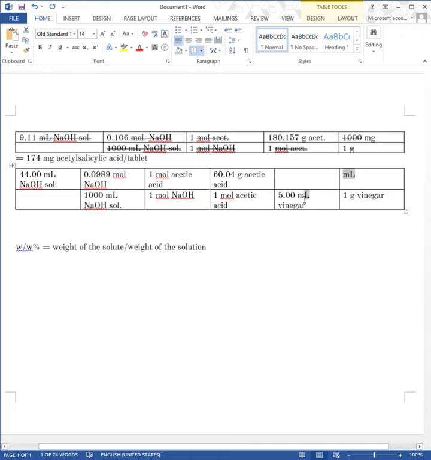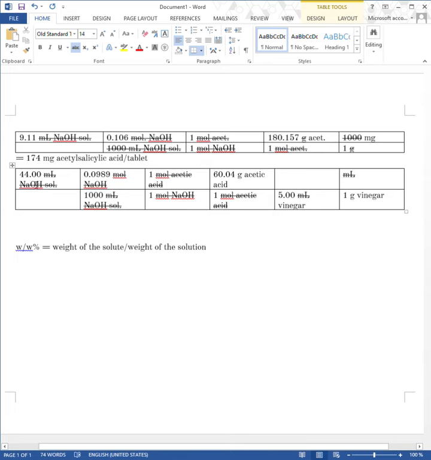Now we're going to cancel our milliliters there. We can cancel our moles of acetic acid, our moles of sodium hydroxide, and our milliliters of sodium hydroxide solution. Unfortunately, we don't get to cancel this 1,000 here. It would be nice if we could, but we can't.